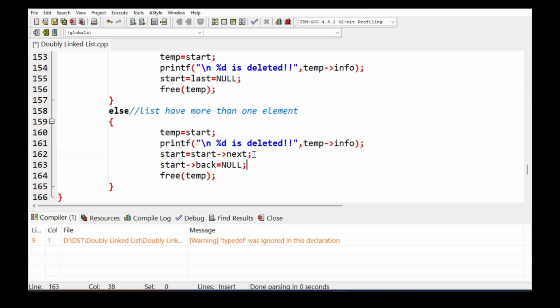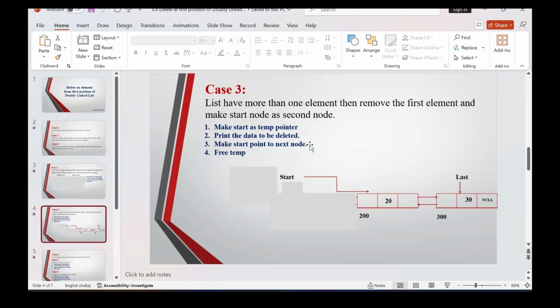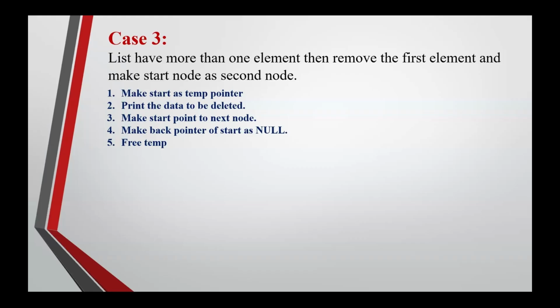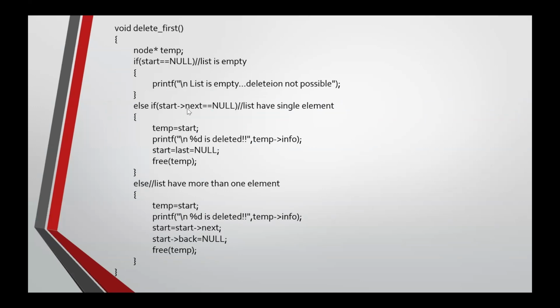So whenever you are writing a program, don't think that whatever you write is correct. A little bit of change is required. Step 3 makes the start pointer point to the next node, and one more condition we have to add, that is, make the back pointer of start null. So this is our perfect answer. So this is our final code.